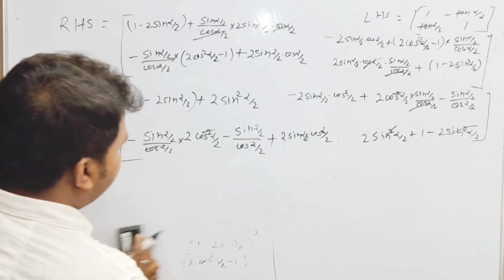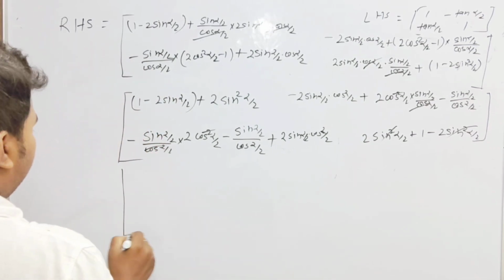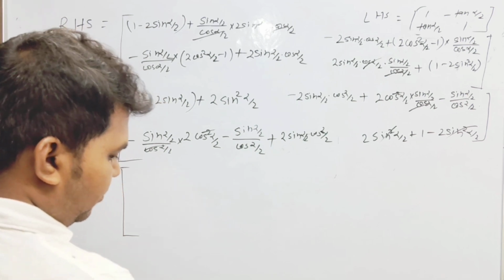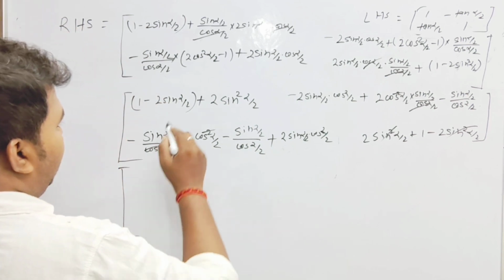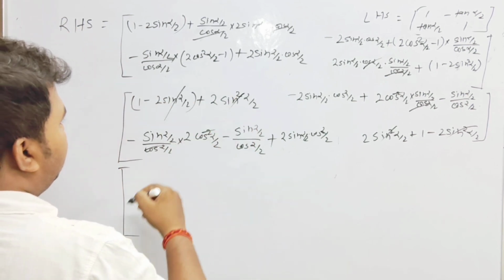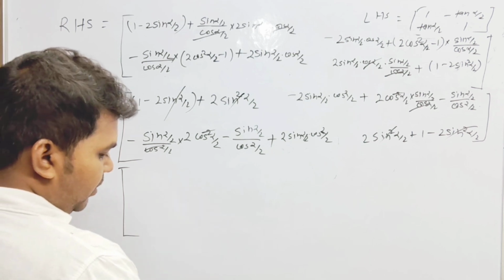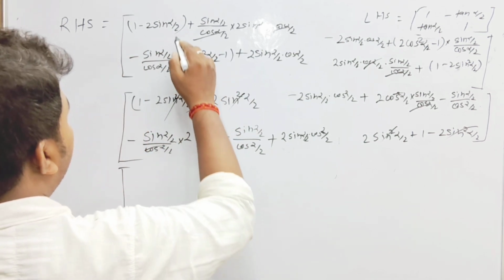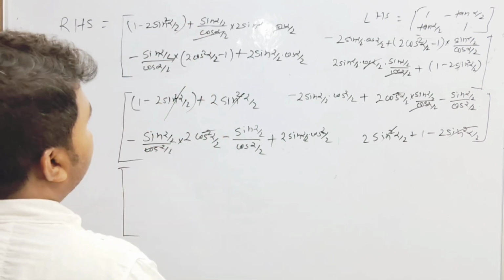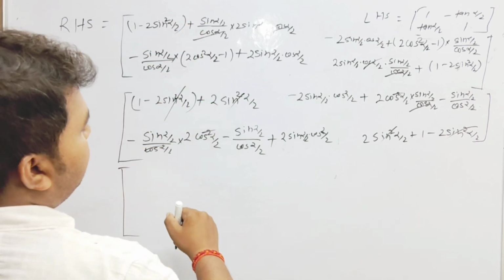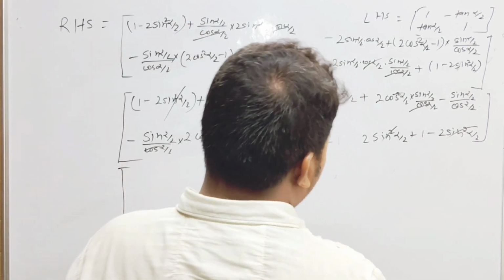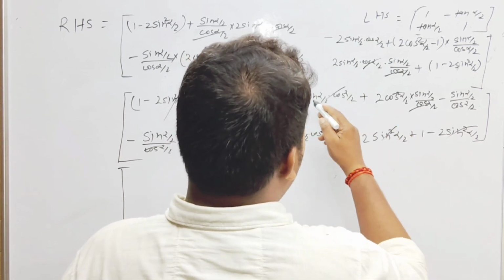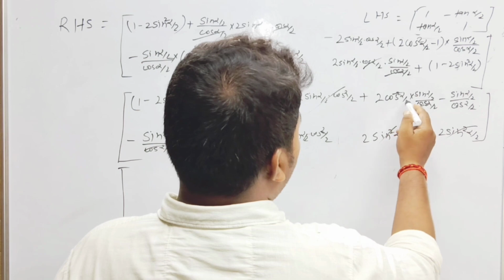Next we have to write, then we can write this. This is also cut. Okay, sin square, this is also cut. Okay, and after then we also cut this, minus 2 sin, and also this cuts.